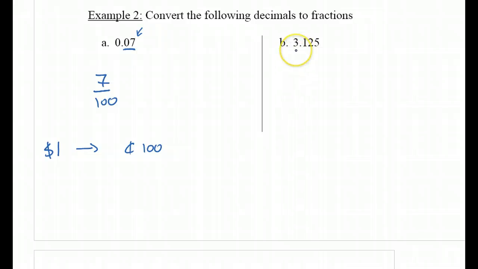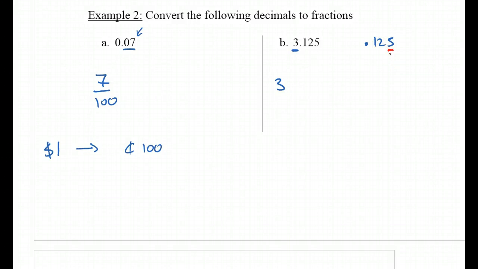Now we have a whole number 3 here in front of the decimal. So that one we're going to leave as it is, because that's already a whole number, and we know how to work with that one. But the decimal 125, we have to convert that to a fraction. So again, I look at the last digit. In this case, the last digit is a 5.